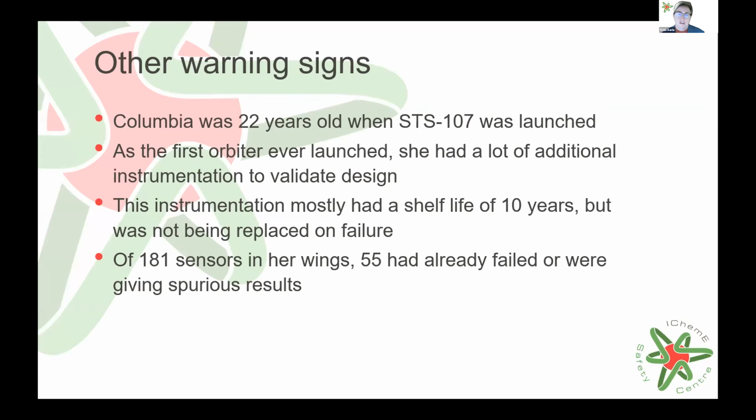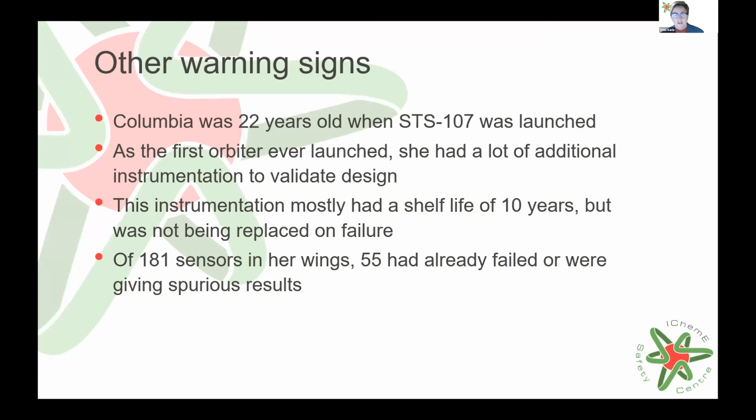Something else that occurs in normalization of deviance, though. Columbia was 22 years old when this incident happened. It was the oldest of all the space shuttles. It was the first one built. And it had a lot of instruments and gauges and measurement devices inside it. But they weren't needed anymore because they were built for the first flights to understand how the space shuttle worked. They weren't being maintained though.